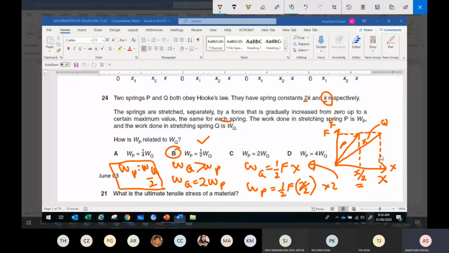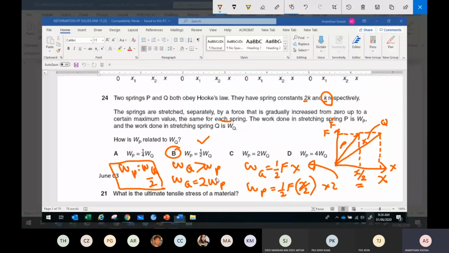If Q extends X, P must extend X over 2 because it's a stiffer spring, so the extension is smaller. Because the area under the graph is the work done, Q is half FX, and P is half times F times X over 2. So for the same force, the less stiff spring did more work. WQ is 2WP.